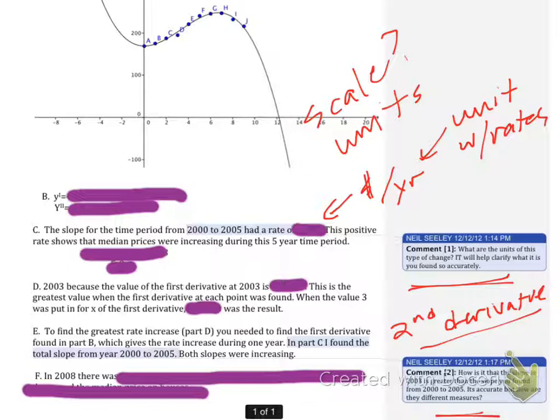Remember, when we had a second derivative in class, we talked about that second derivative. If it's positive, things are headed in the positive direction. That means you're going to see things getting steeper. If you see negative, that means things are getting less steep, headed in the negative direction. You can be going uphill, things are looking good, but if your second derivative says negative, that means it's tapering off.